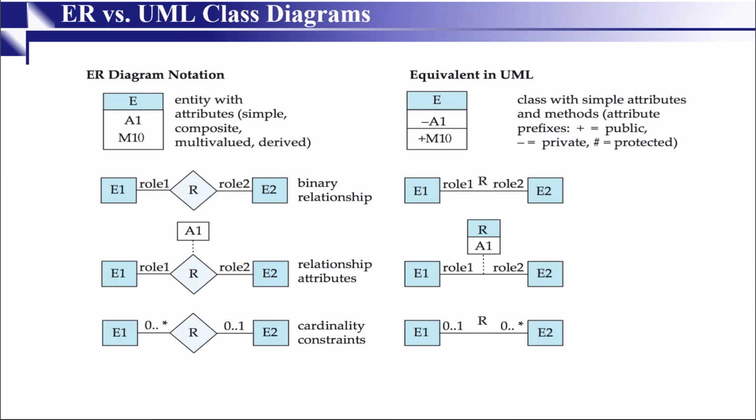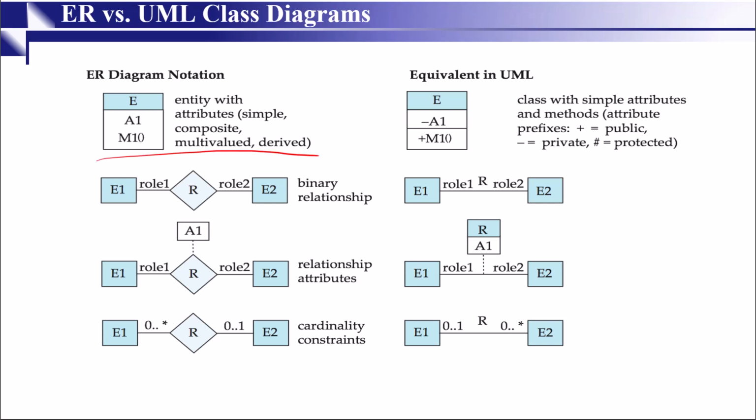So here we can see the difference between ER and UML. While ER focuses on data, UML class diagrams add behavioral details. For example, UML includes methods, public and private, and generalization like inheritance. So here is the difference between ER and UML symbols.